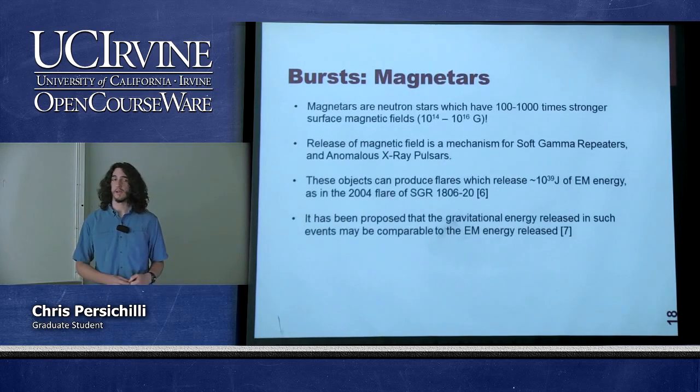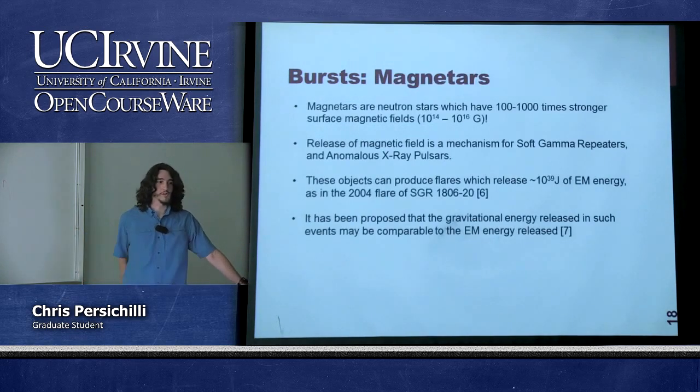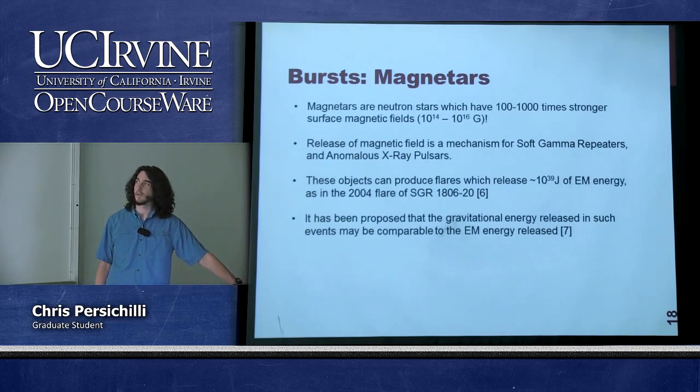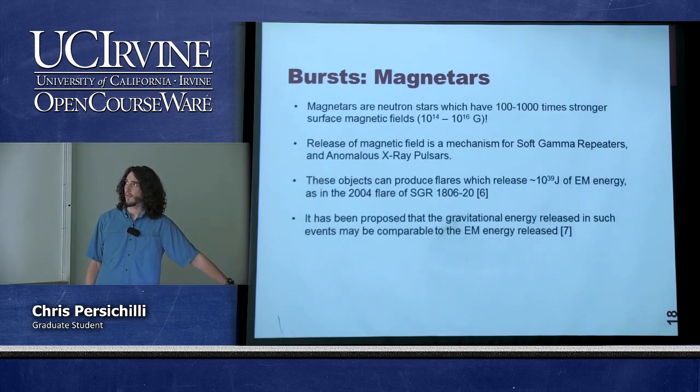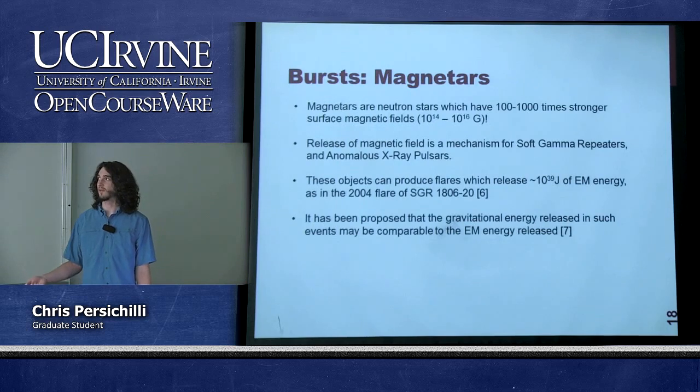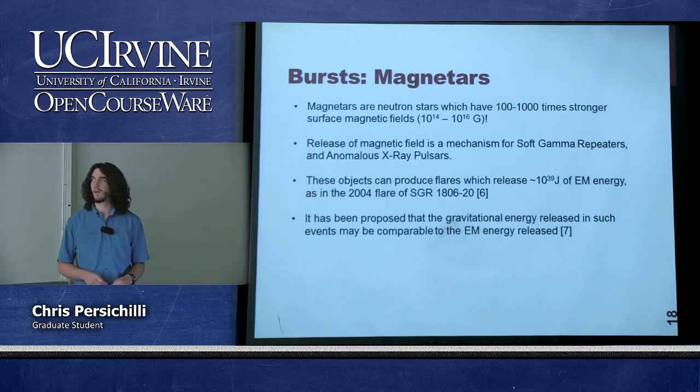And then another potential way to get bursts of gravitational waves is by flares of these so-called magnetars, which are essentially neutron stars that have anomalously high magnetic fields, which are thought to be the physical objects behind soft gamma ray repeaters and anomalous X-ray pulsars.